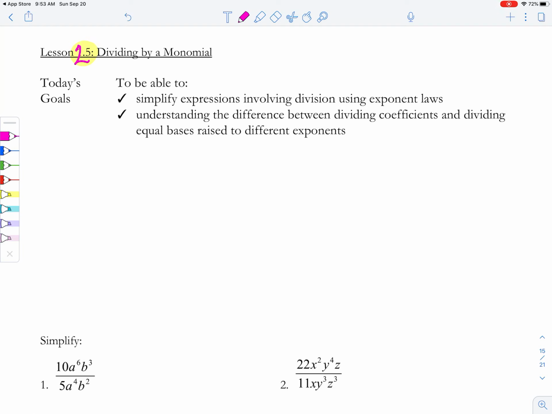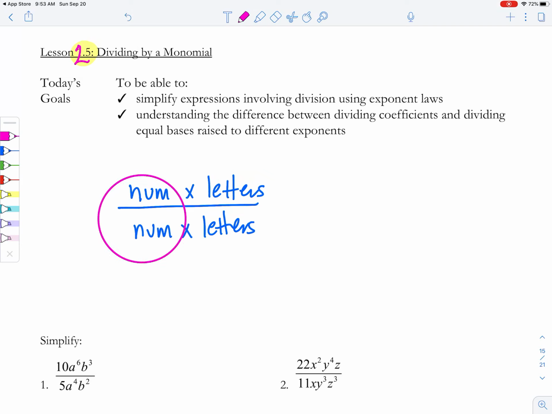And as a general introduction, if we up top had a number times some letters, and then there could be more than one, but on the bottom, we also have a monomial. That's going to be a number squished up against some letters. The way we're going to deal with it is we're going to look at the numbers on their own.